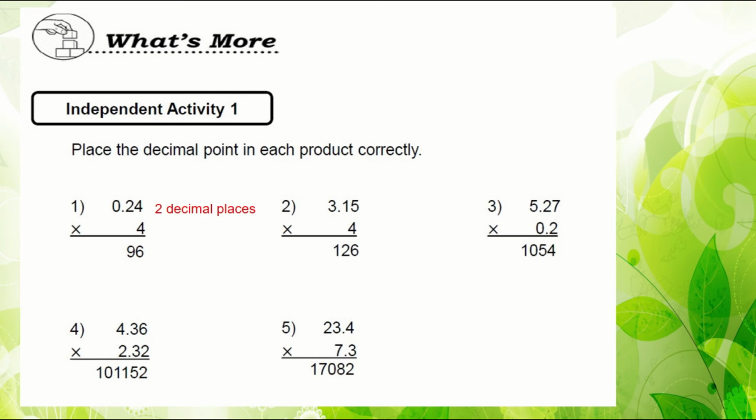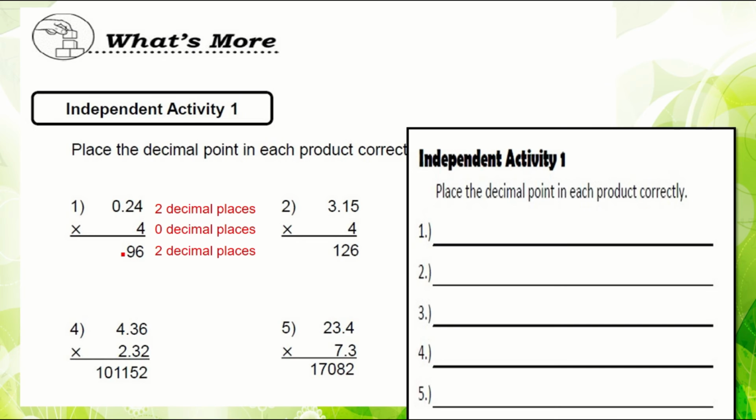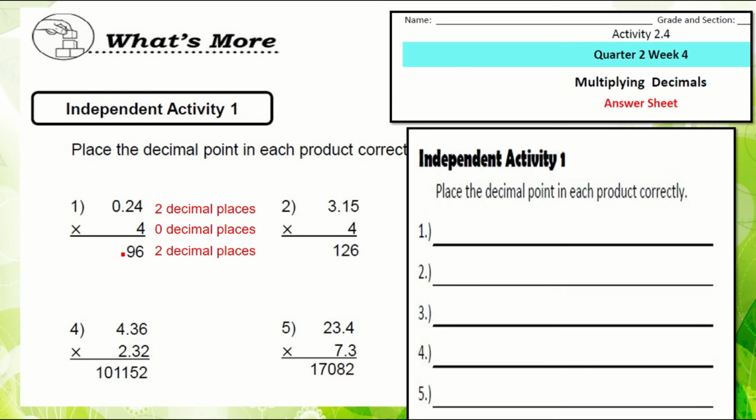With 24 hundredths, we have 2 decimal places. We have 0 decimal places in 4. So in the product, we should have 2 decimal places. So we're going to put it here. So you're going to write your answer in our answer sheet.